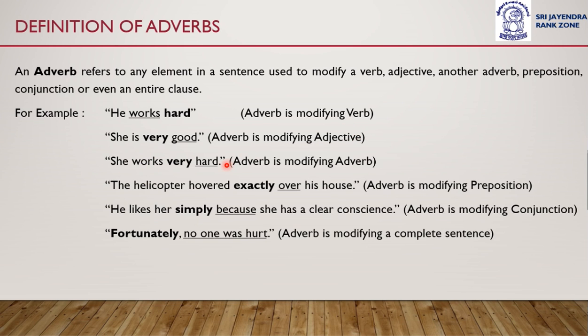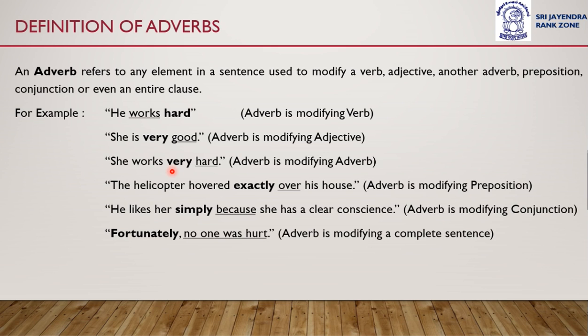She works very hard. Adverb is modifying adverb. You can see he works hard, so hard was an adverb. In this sentence also hard is an adverb. Instead of just writing she works hard, we want to lay more emphasis on hard.